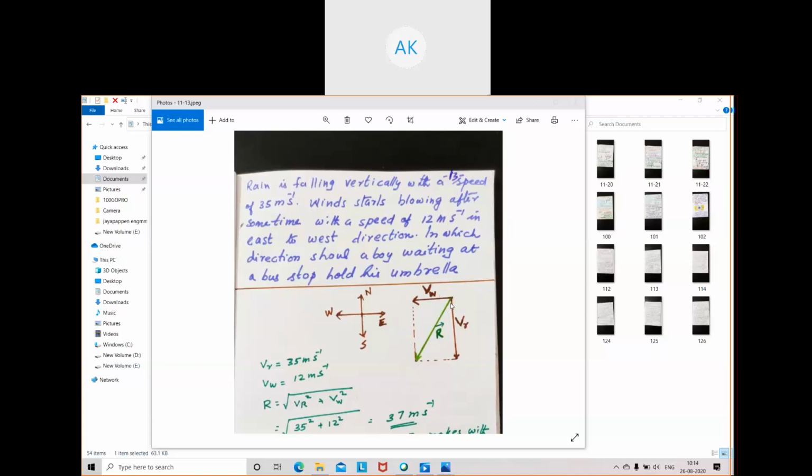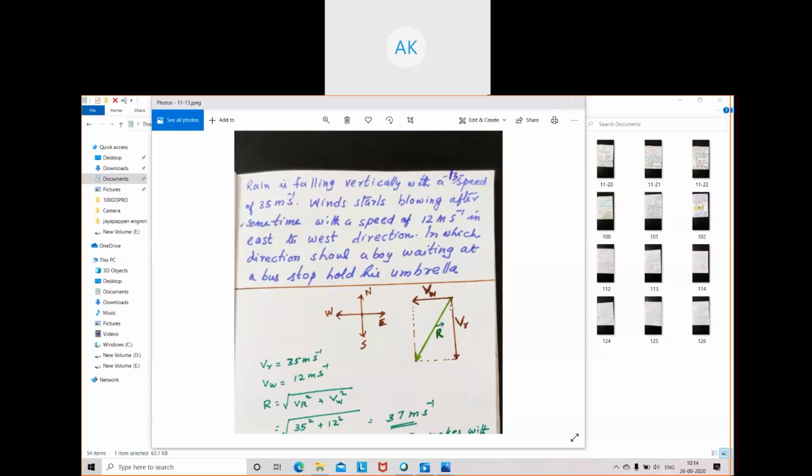According to the parallelogram law of vector addition, the diagonal drawn from the same point where we mark the two adjacent sides of the parallelogram represents the resultant of these two vectors.